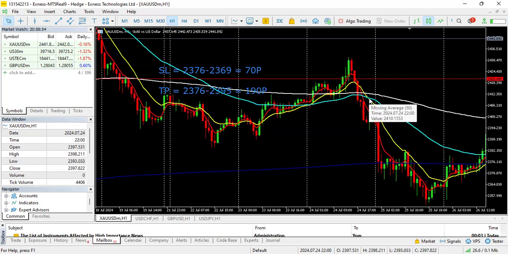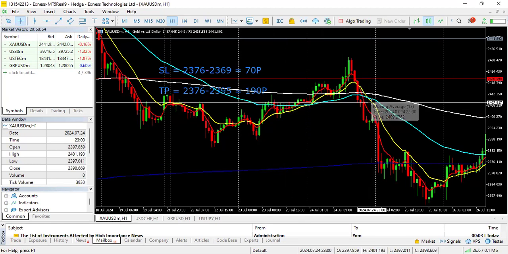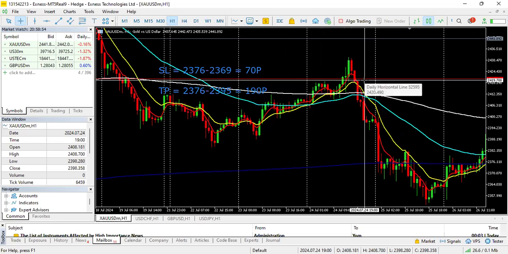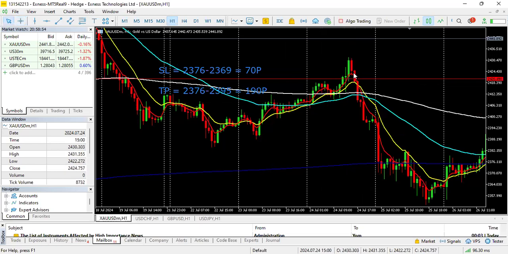This is where I'm supposed to enter, right? And then I put my stop loss somewhere here. Let me check that out. So if I enter here at 2408, my stop loss should be somewhere here at 2419, a 110 pips difference, which is not so bad. 110 pips is still within my range of risk. Okay, but I was able to spot this here.